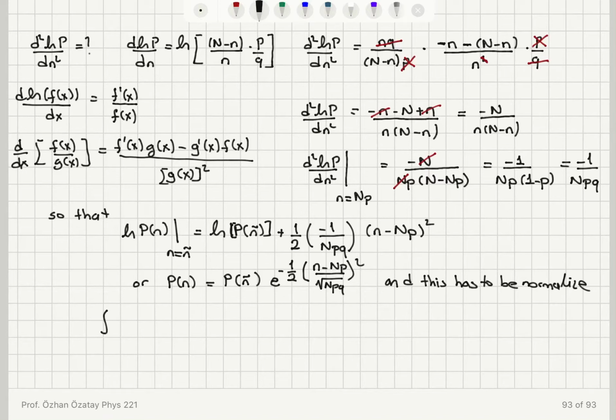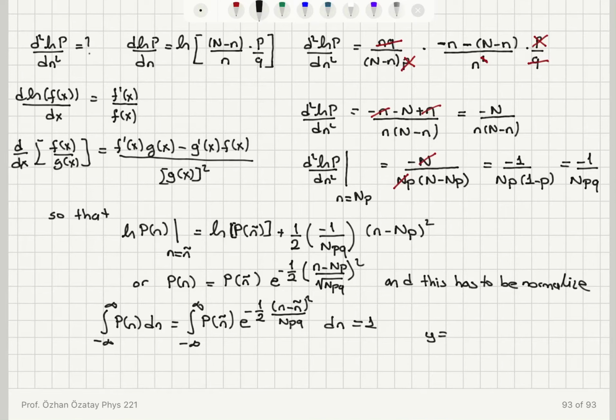Therefore, I need to have the integral from minus infinity to plus infinity, p of n dn, be the integral from minus infinity to plus infinity of the probability evaluated at the extremum point, e to the minus 1 over 2 n minus n tilde squared divided by NPq dn. This has to be equal to 1.